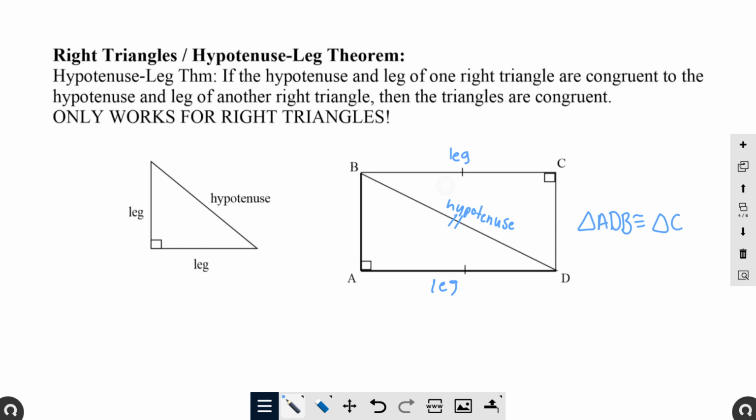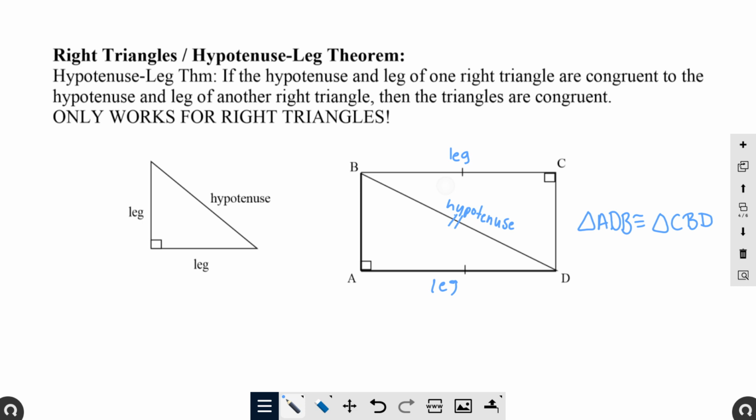If you start at C, you're going to have to go to what letter next? B, and then come back to D. So the congruence statement for this one would be triangle ADB is congruent to triangle CBD. Okay, so mark those things that are congruent so you can write that congruence statement.